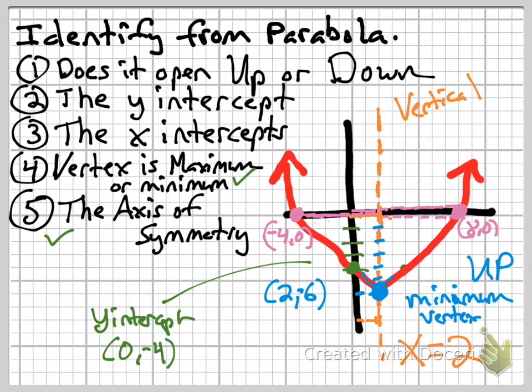And that would be our x-intercepts. So our x-intercepts are in purple. We have our Y-intercept in green. We have our axis of symmetry in orange. And we got our vertex in blue.